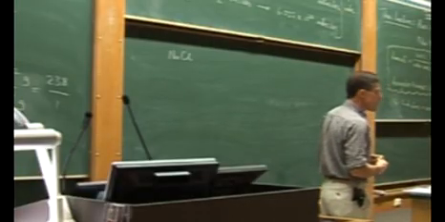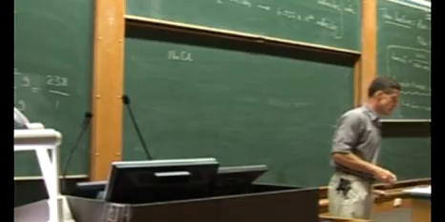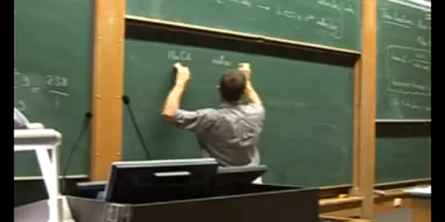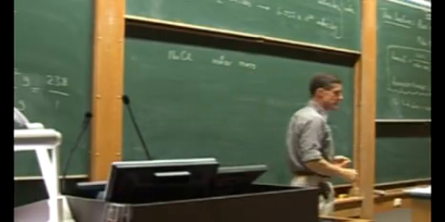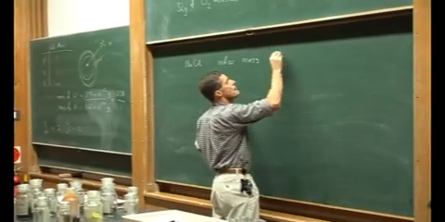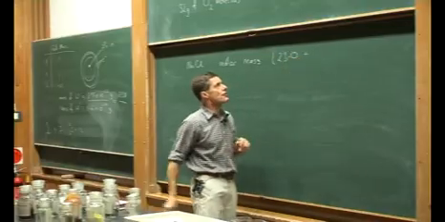If I want to calculate the molar mass of sodium chloride, we do that from the formula. I look up the periodic table and find that the molar mass of sodium is 23.0.